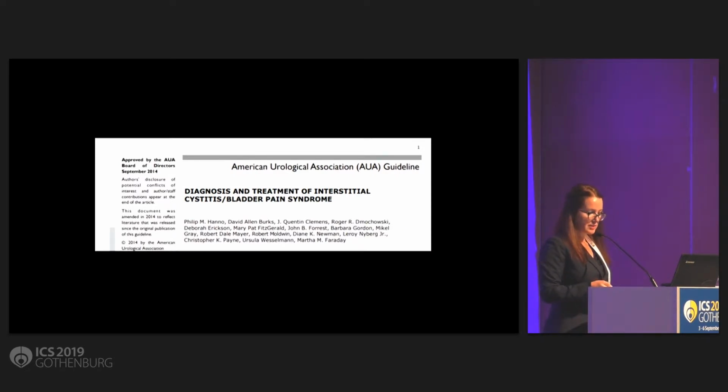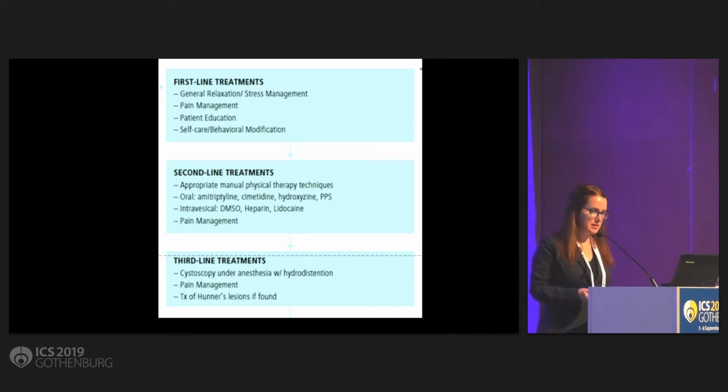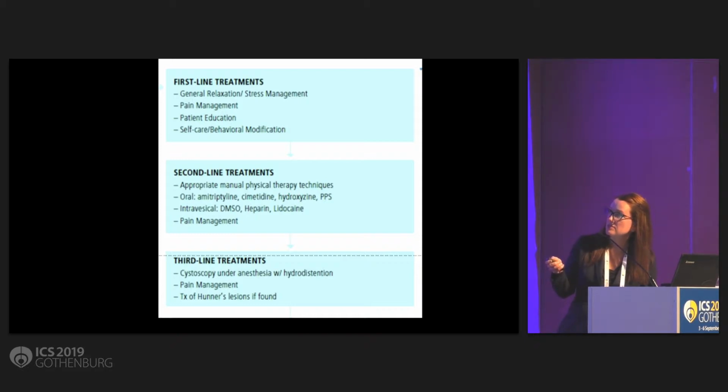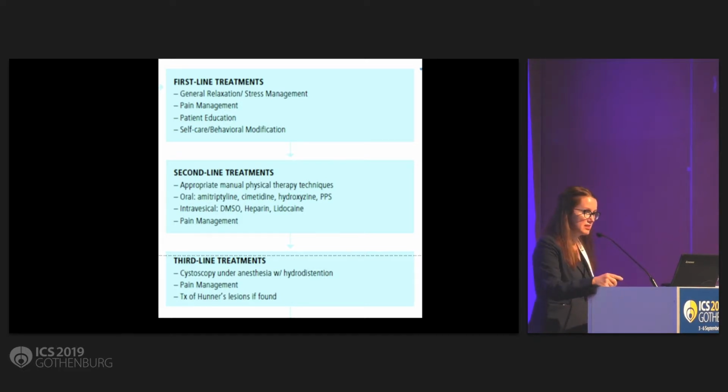The American Urological Association has a pretty good guideline on treatment of IC, and I tend to use manual physical therapy techniques as first-line treatments. I also tend to employ the anticholinergics within this strategy, and sometimes it really doesn't matter to me whether the patient actually has IC or not.